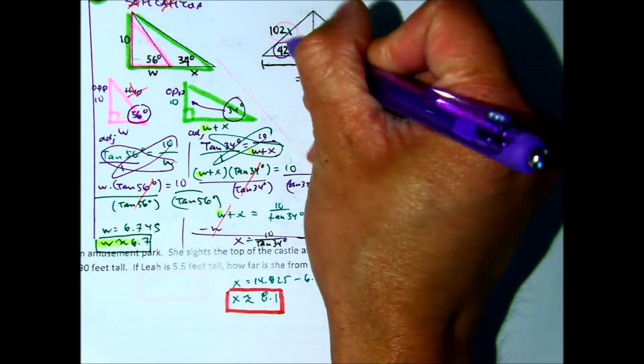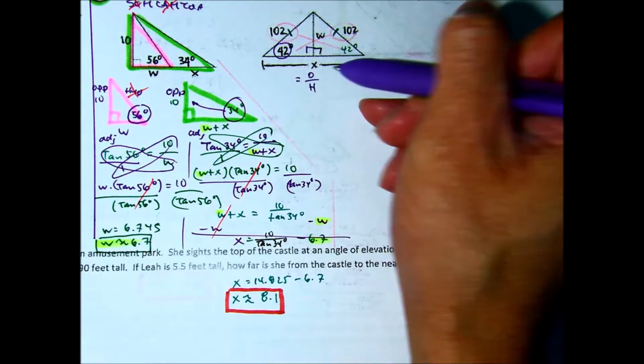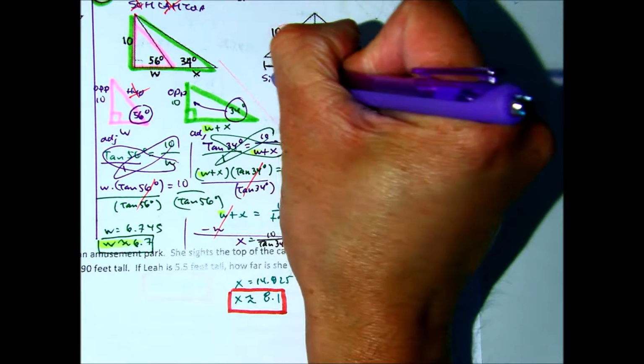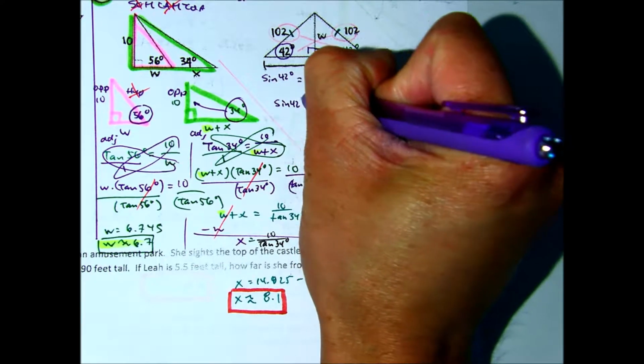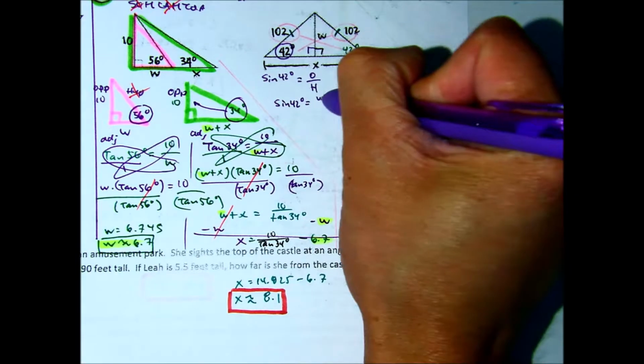Class, which trig function am I going to use? Sine. Sine of 42 degrees is equal to W over 102. How do I make this a fraction?